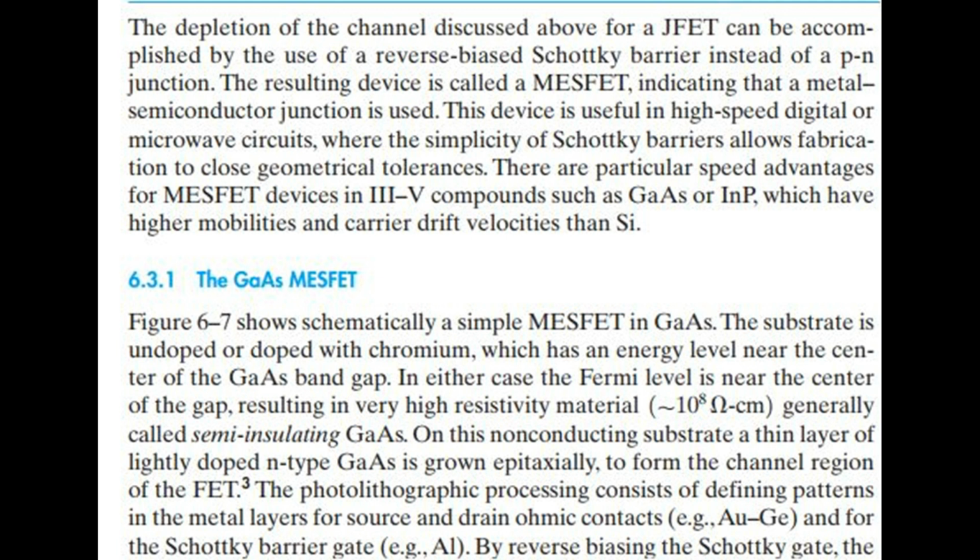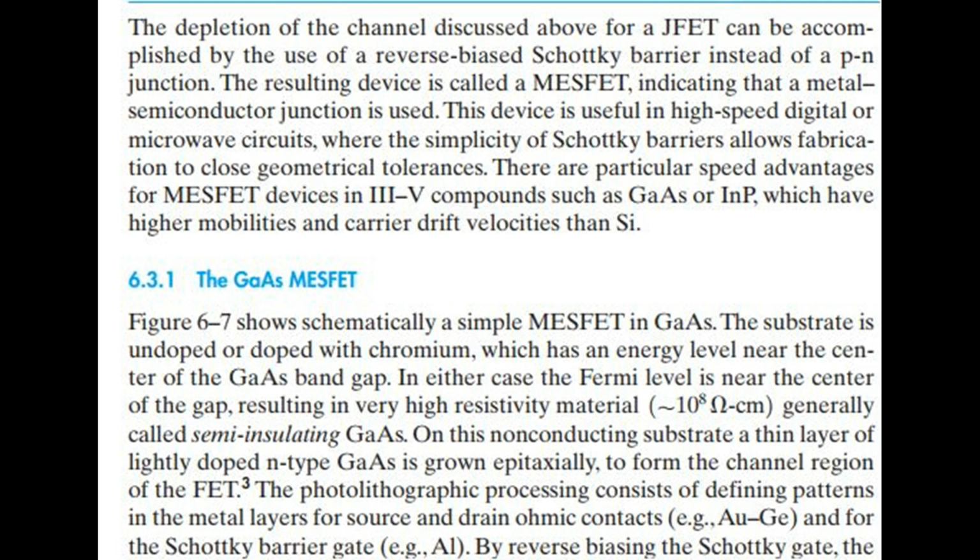The gallium arsenide MESFET. Figure 6.7 shows schematically a simple MESFET in gallium arsenide. The substrate is undoped or doped with chromium, which has an energy level near the center of the gallium arsenide band gap. In either case, the Fermi level is near the center of the gap, resulting in very high resistivity material, 100 megaohms per centimeter, generally called semi-insulating gallium arsenide.